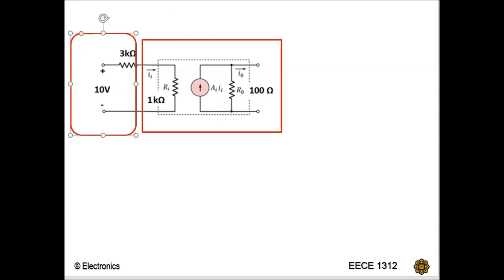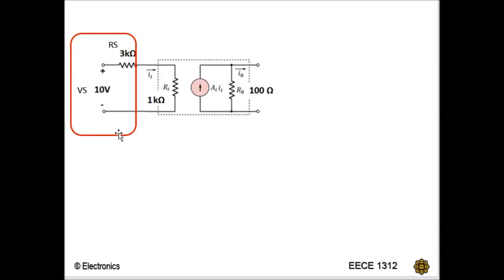This is your Vs, the voltage source, and this is your Rs, its resistance. The problem says the voltage source is 10 volt and its resistance is 3 kilo ohm. So this is how your schematic should look. This is part A.